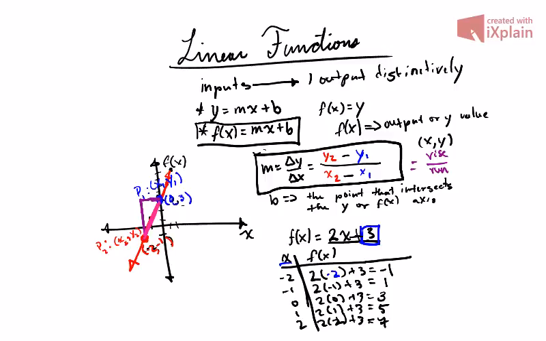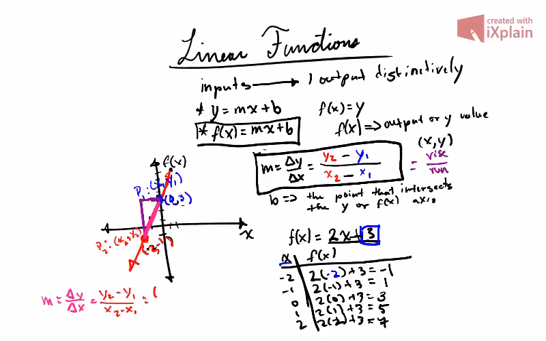If we utilize the formula, m equals the change in y over the change in x, which equals y2 minus y1 over x2 minus x1.